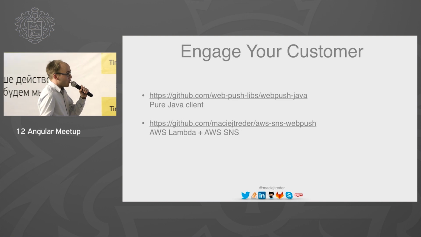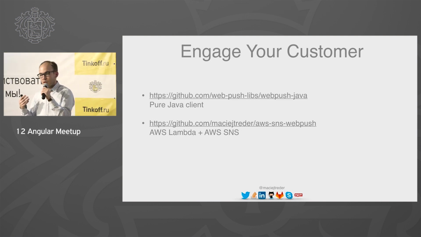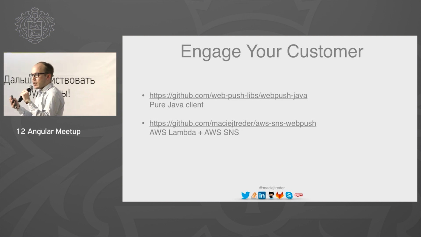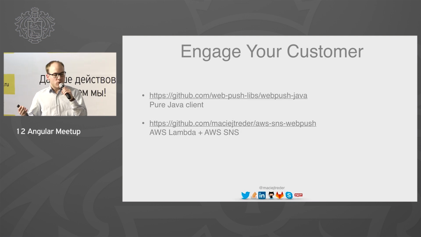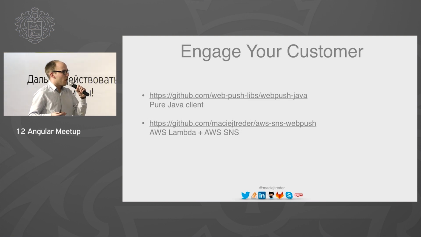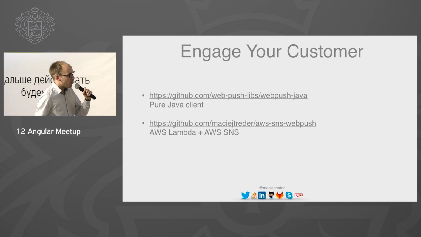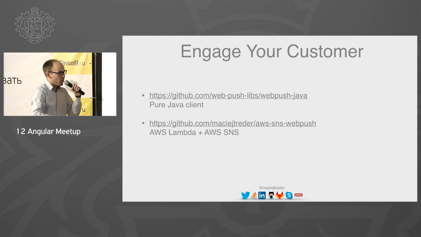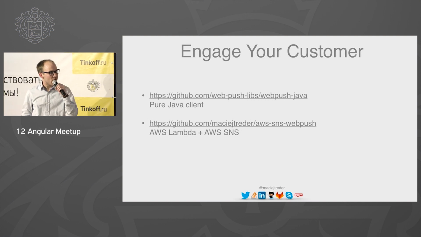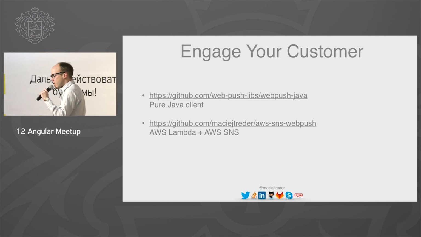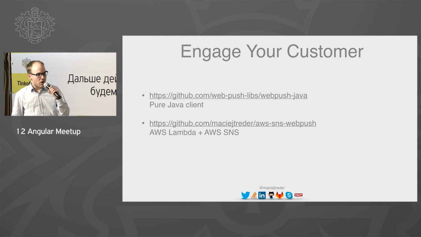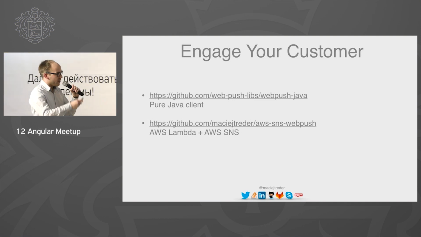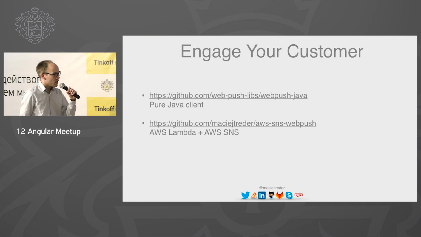When we are ready, when we have those endpoints, we store them in a database, for example. We can start pushing. There are two libraries. In fact, what I'm providing you here is based on the previous one. The first one is a pure Java client, which I found on GitHub. This is for web push notifications.